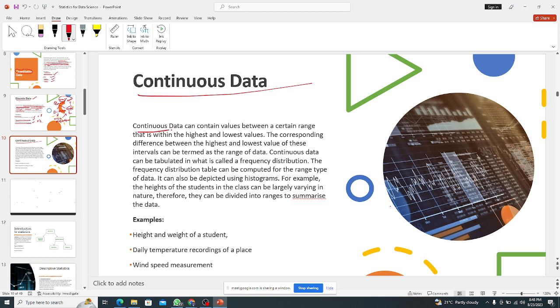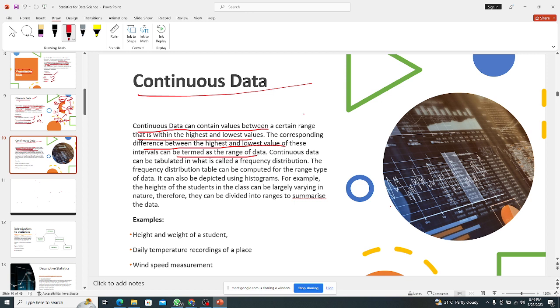Continuous data can contain values between a certain range, that is within the highest and the lowest values. The corresponding difference between the highest and the lowest values of these intervals can be termed the range of data.